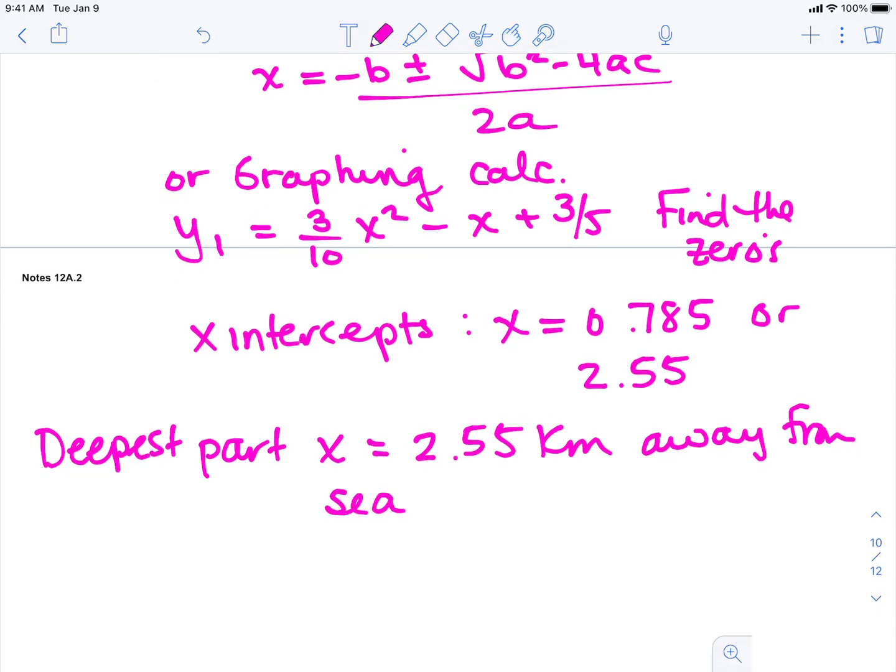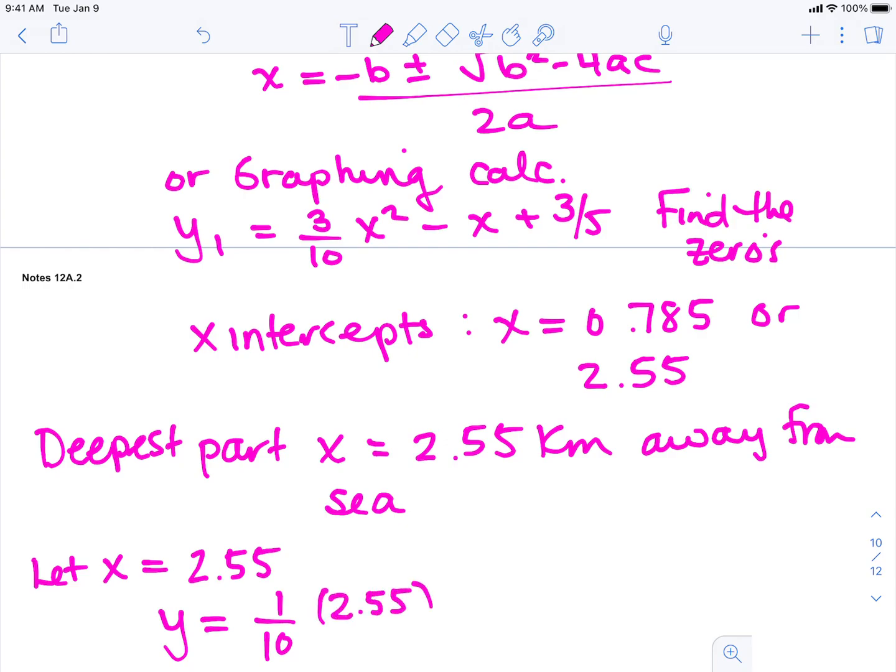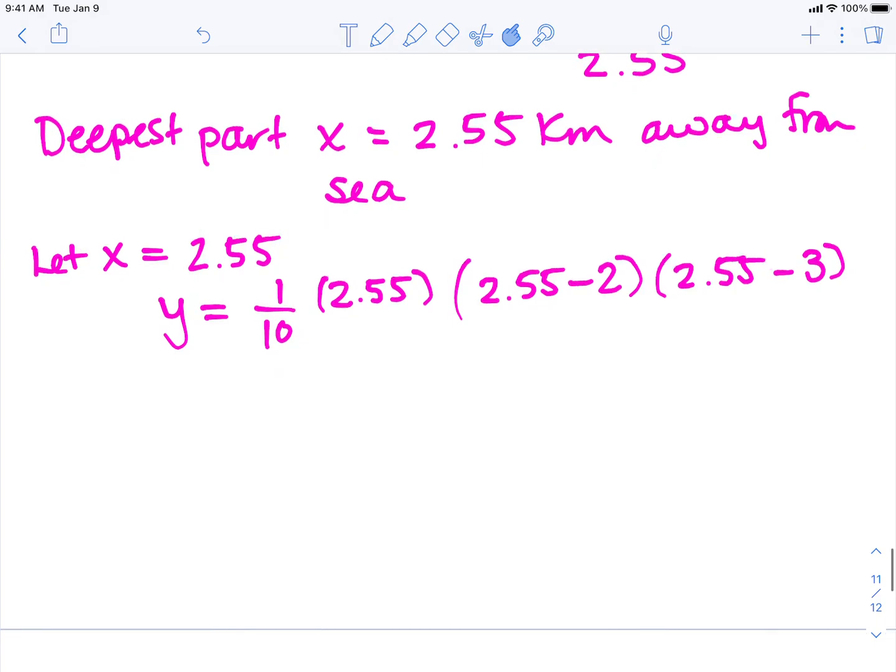So how do we find that depth? We're going to let x equal 2.55 in the original equation. So 1/10 times 2.55, times (2.55 minus 2), times (2.55 minus 3). Then we type that into our calculator.